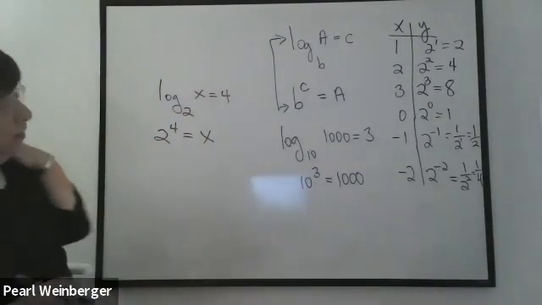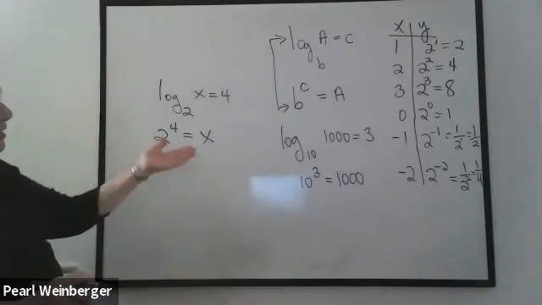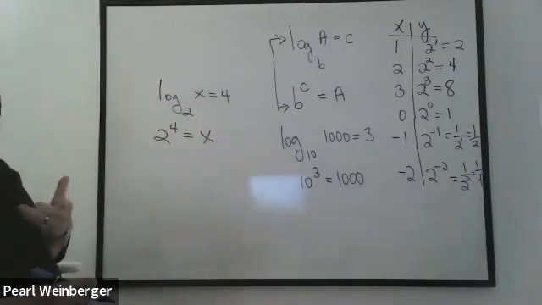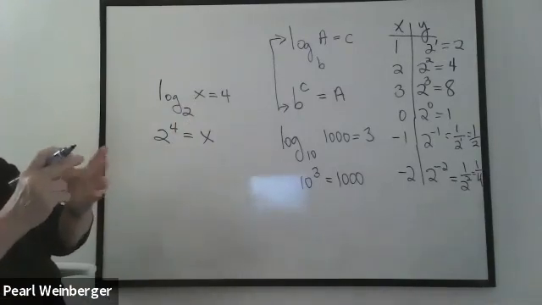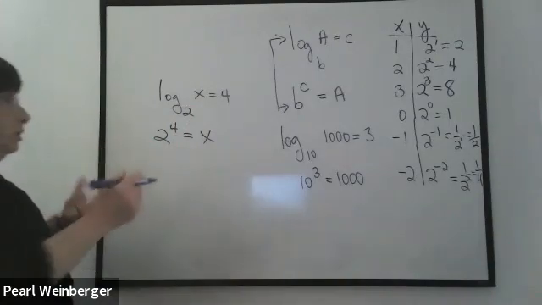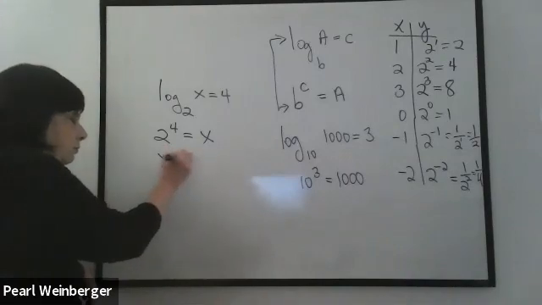But now this becomes a much easier example to solve because it's an exponential form, which is much more familiar to me. I want to do 2 to the 4, which means 2 times 2 times 2 times 2, which gives me 2, 4, 8, 16. So I get x equal to 16.